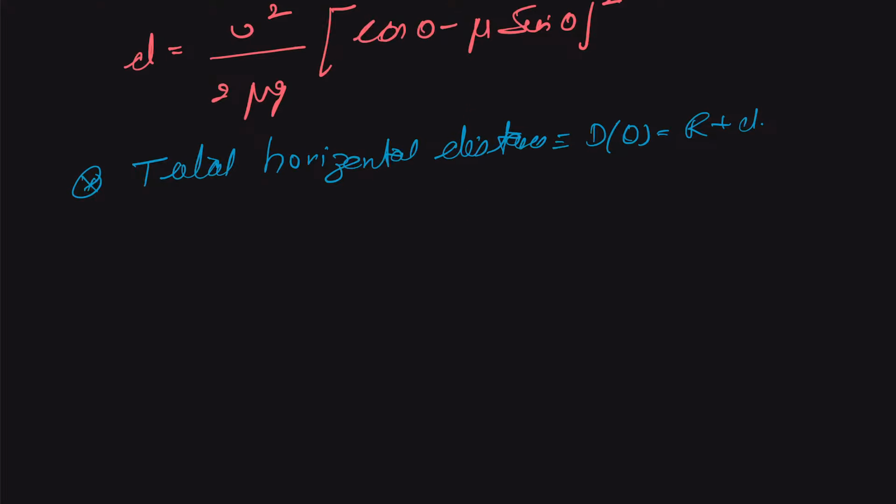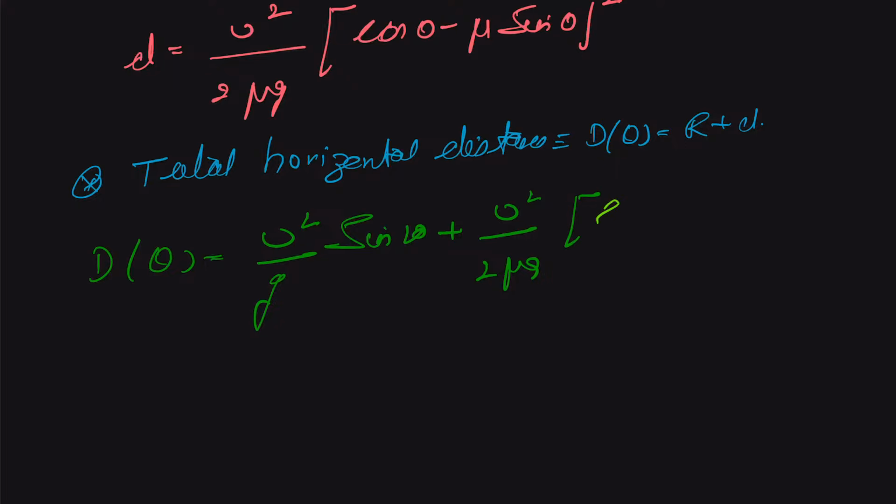So this gives us that D of theta will be equal to V squared upon g sine of 2 theta plus V squared upon 2 mu g, and we have this as cos of theta minus mu sine of theta whole squared.